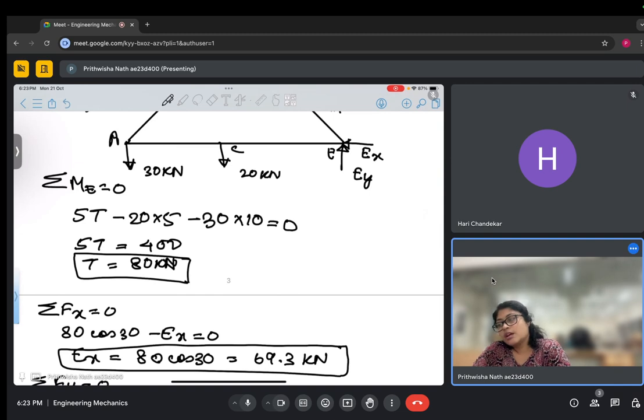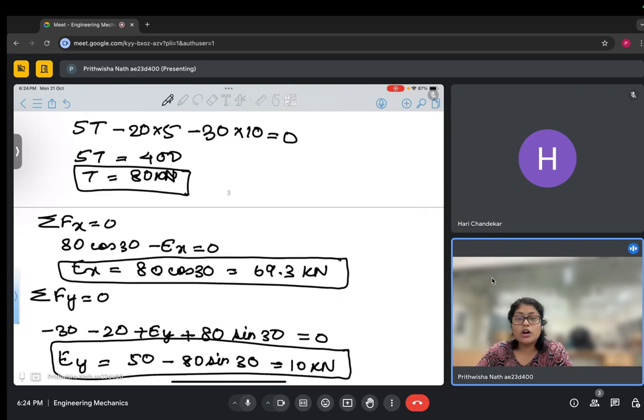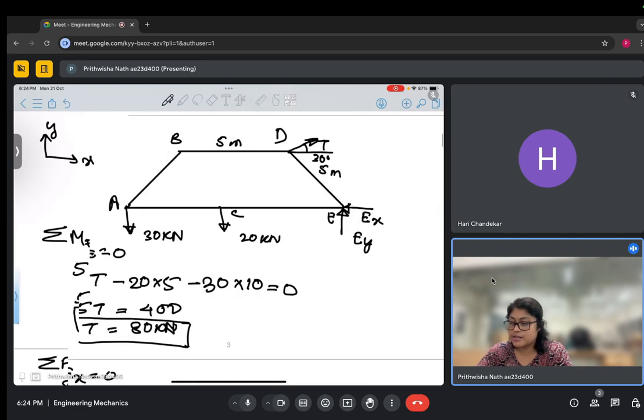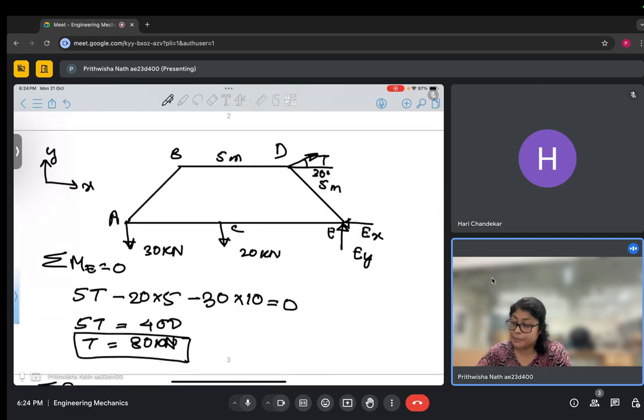So summation of Fx in x direction is 0 and Fy is 0. By that we got the reaction forces Ex and Ey, that is the reaction forces at this point E.